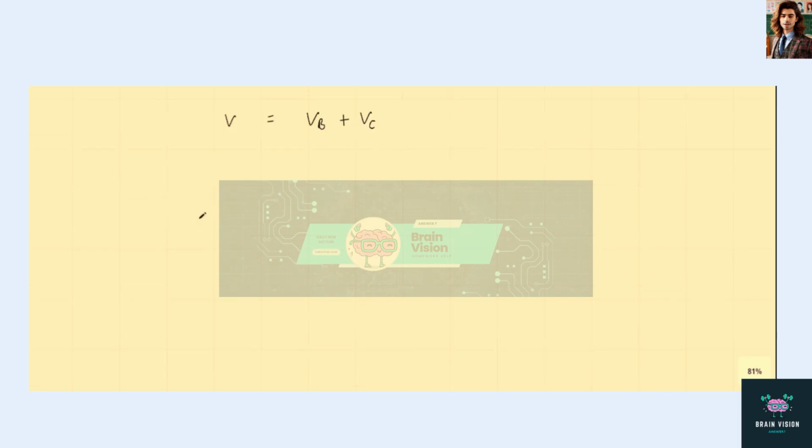Now, if we take the coefficient of restitution, again we take the right direction as positive, we know E is given as 0.5, and E is simply Vc minus Vb all over the initial velocity v.